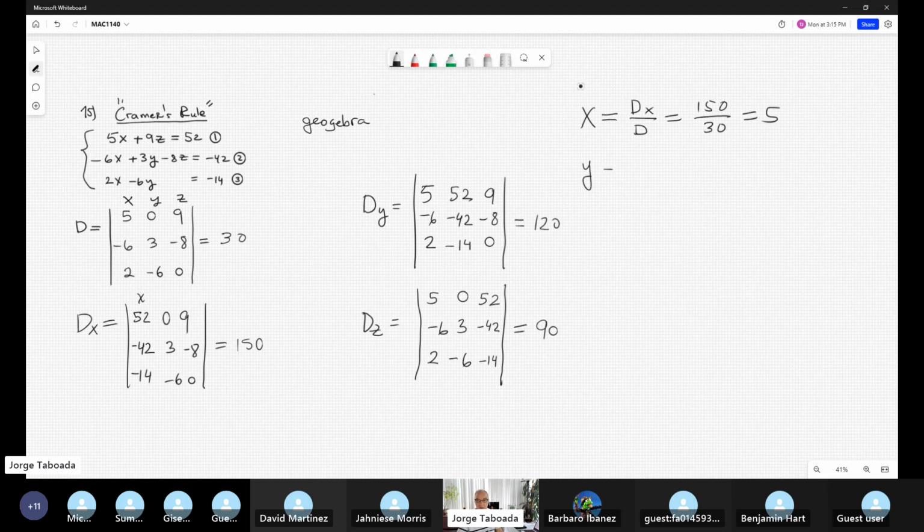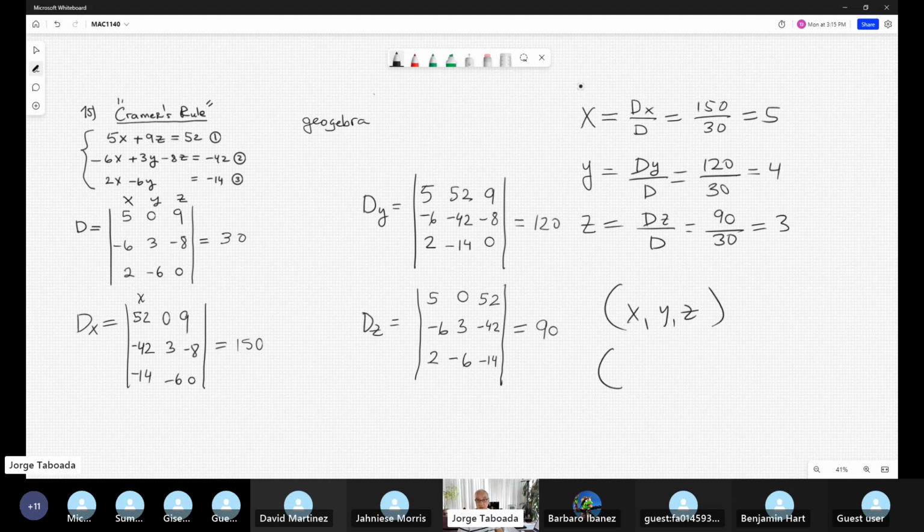Y is equal to dy over d, which is 120 divided by 30, 4. And z is dz over d, which is 90 divided by 30, 3. Therefore, the solution for my system is x, y, z, numerically 5, 4, 3, and that is the option.